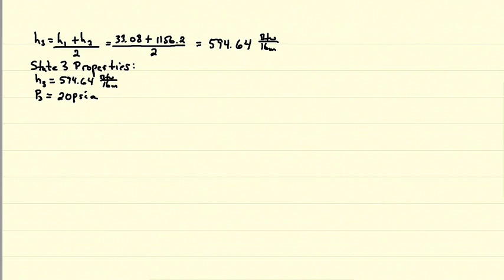Okay, so now if I go to table A5, what I'll learn is that Hg, my saturated vapor enthalpy at 20 psia, is approximately 1150 BTU per pound mass, which of course is greater than H3, and H3 is greater than Hf, which is about 196 BTU per pound mass.